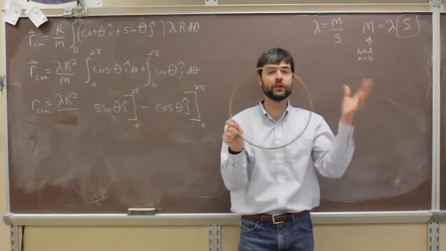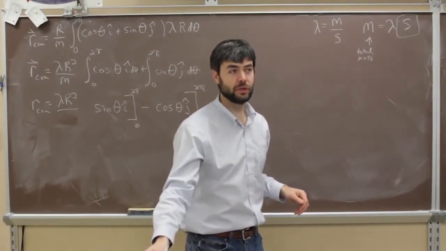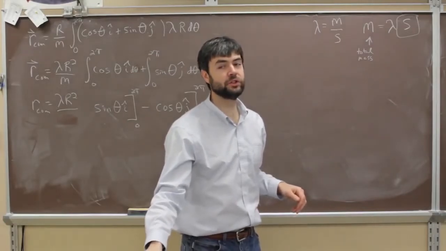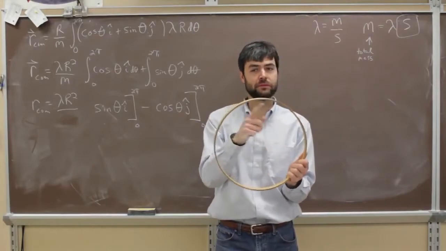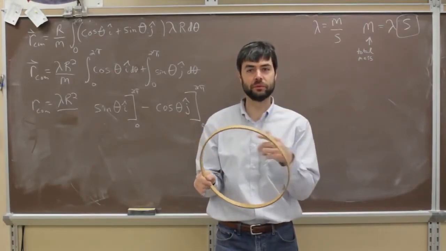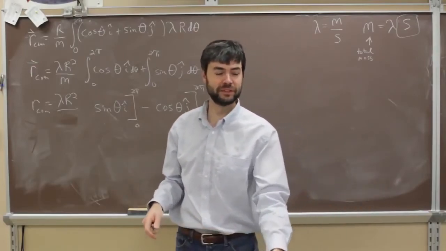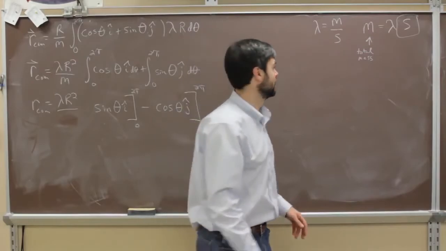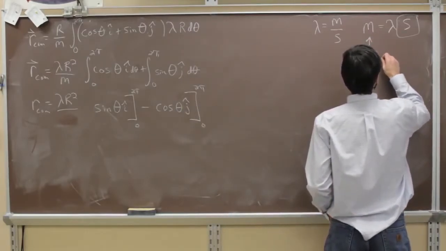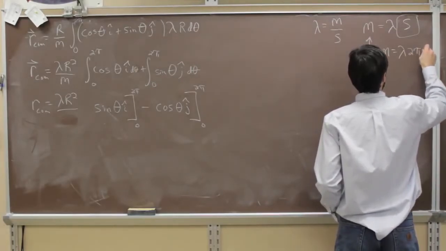What's the arc of the total thing? It's 2 pi, it's 360. And what do you call this in a circle? Circumference. And what's the length of the circumference? It's not 2 pi, it's 2 pi r. So that's m equals lambda 2 pi r.